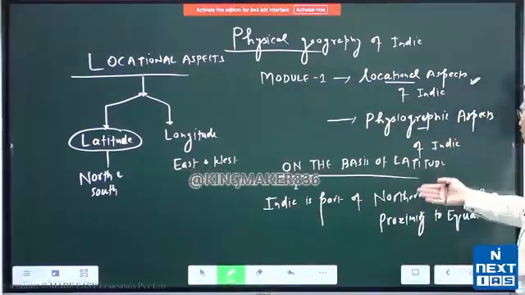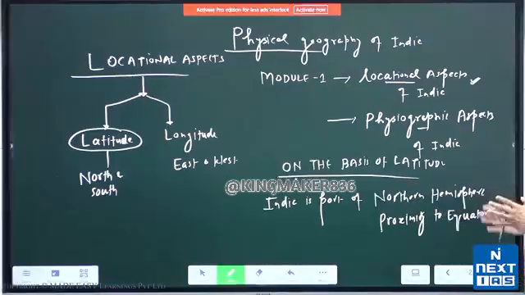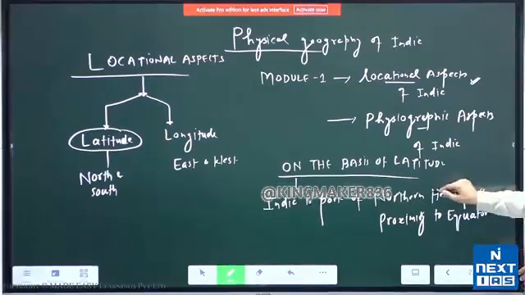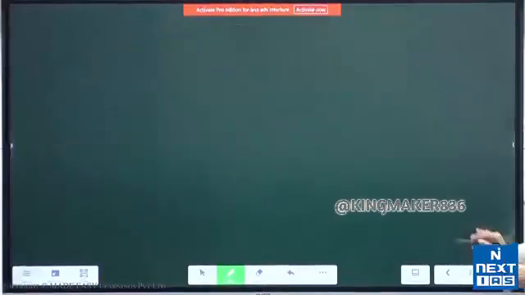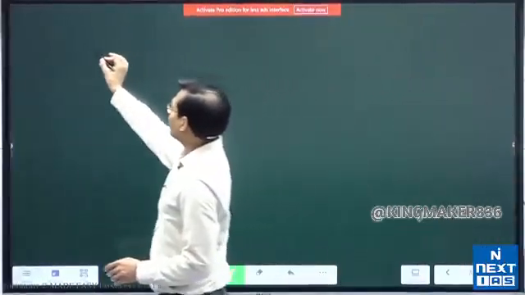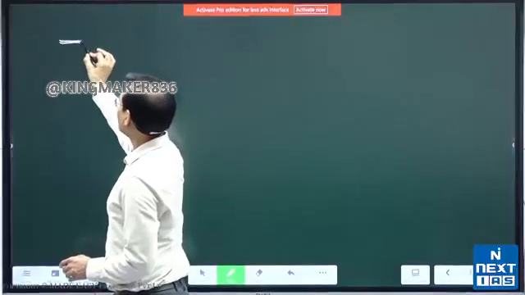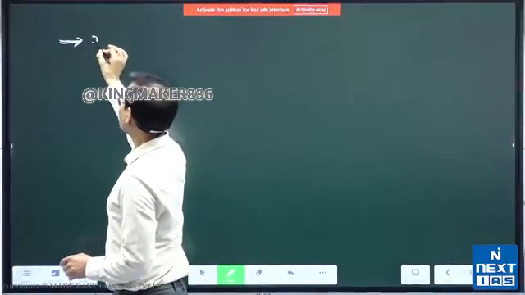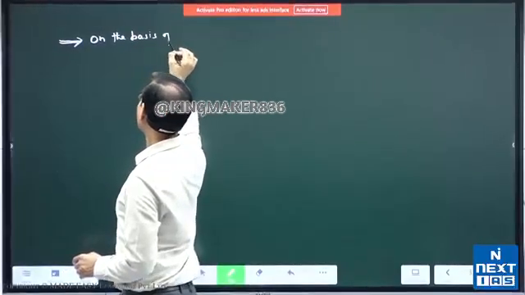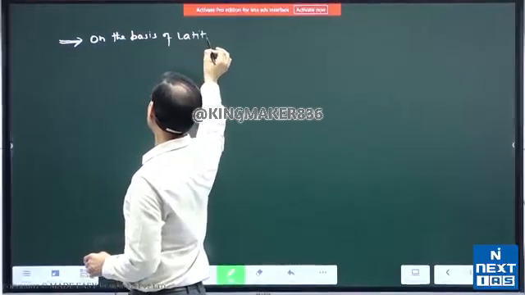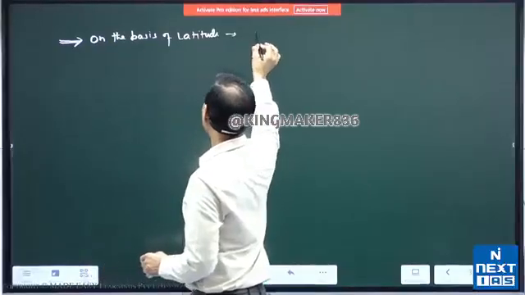So for example, if I say where India is located, the first point is that on the basis of latitude, we want to describe the Indian location.